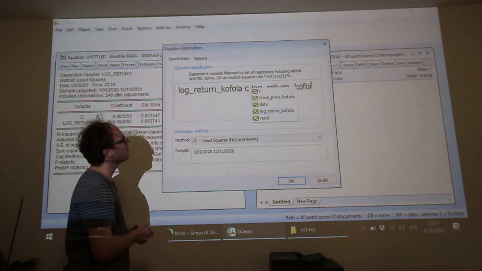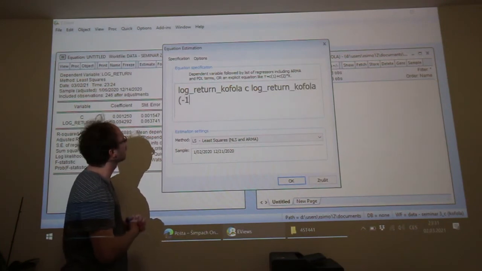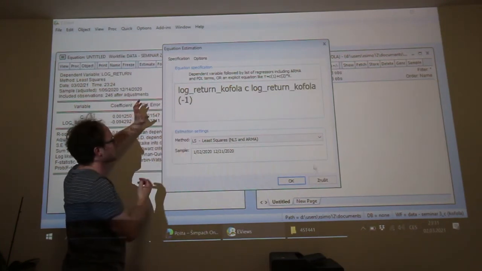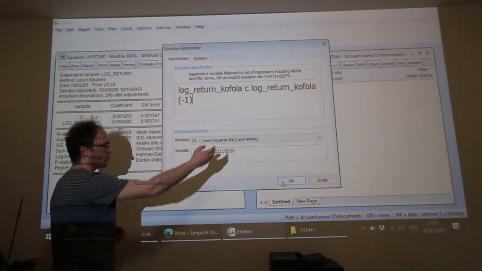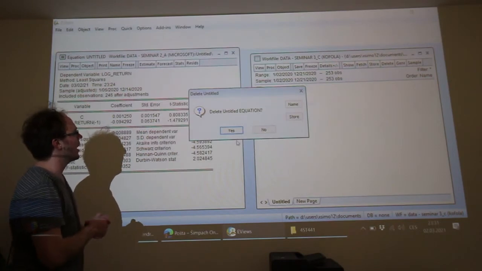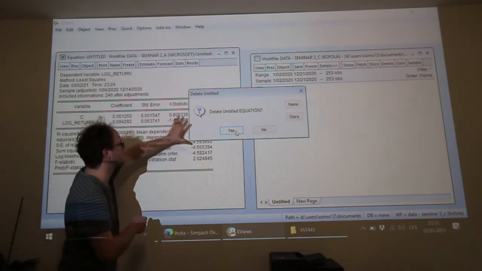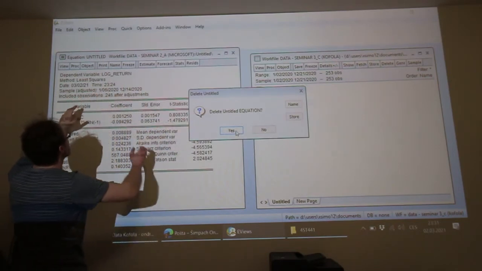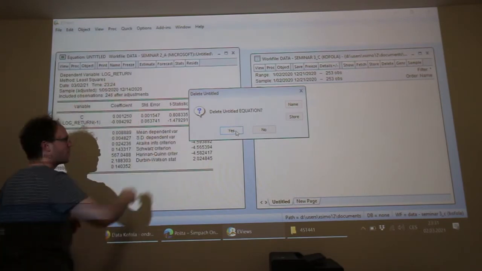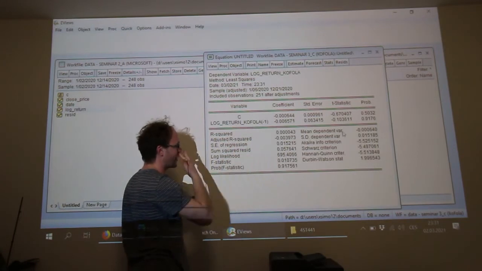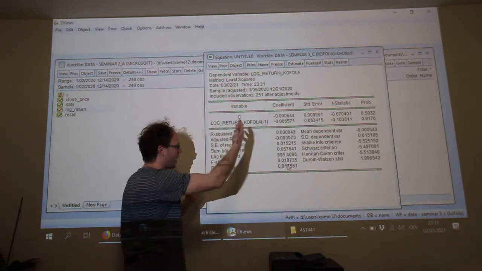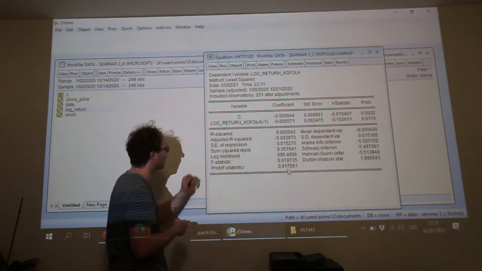So we will write here log return Kofola and in parentheses minus 1. We are using the least squares method, so we can click on OK. And it's necessary to delete this equation because it's not named. So please click on yes. And we can check this second example.